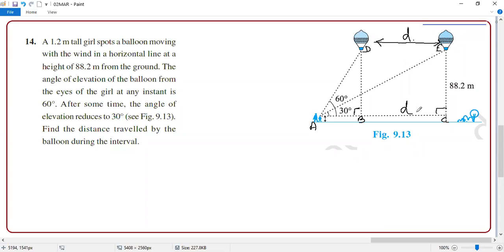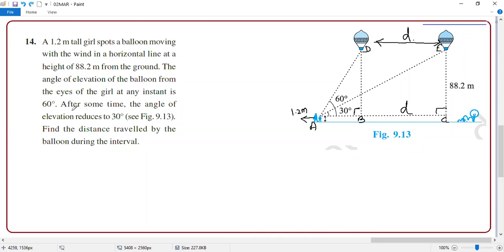So 1.2 meter, that is basically the height of the girl. Okay, 1.2 meter. Now see that carefully, student. Okay, the wind with the horizontal line. The height from the ground is what, student? 88.2.